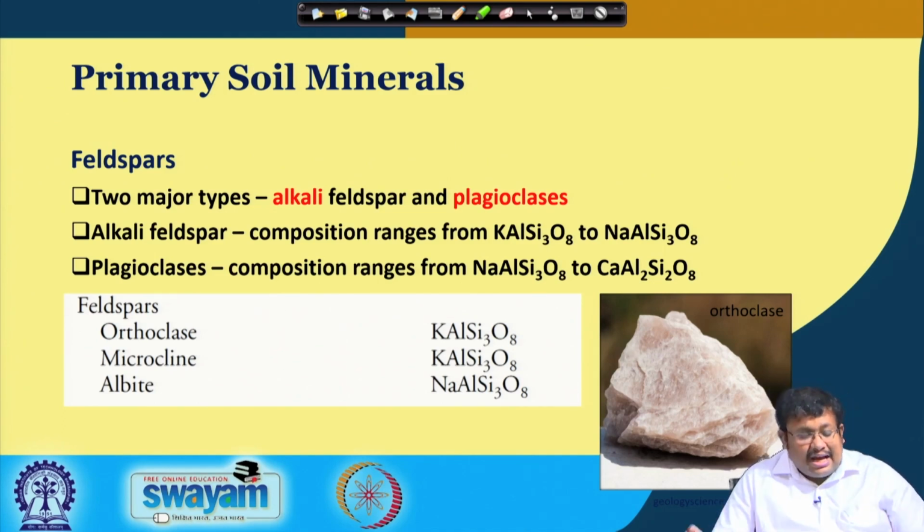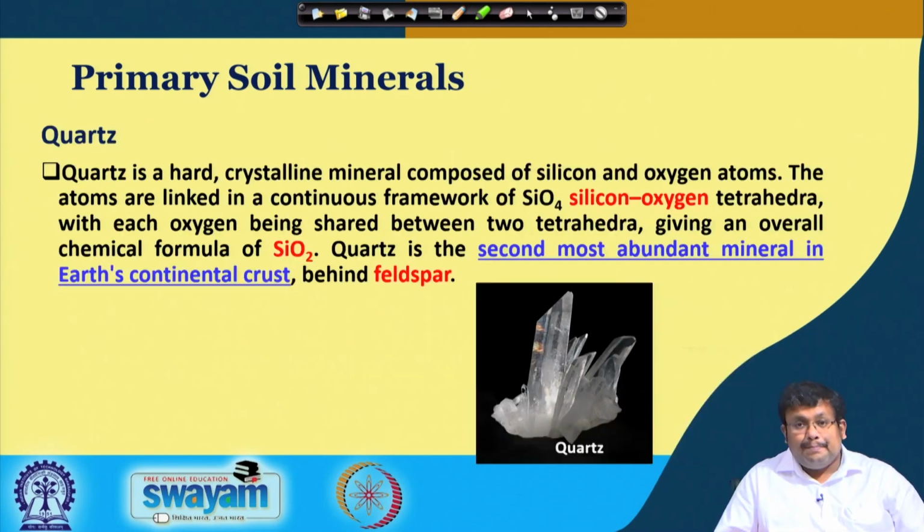Examples of potassium feldspar are orthoclase or microcline, whereas a sodium feldspar example is albite. So, remember again, the feldspar is the most common and most widely abundant mineral in the earth crust.